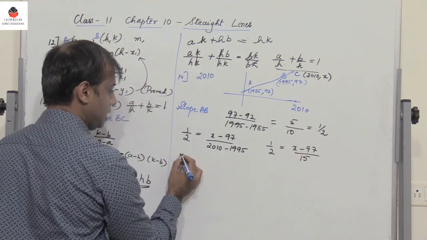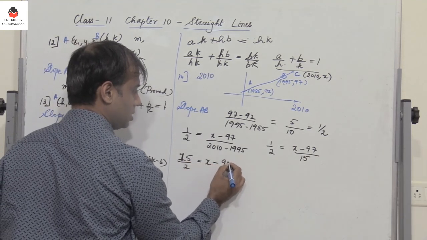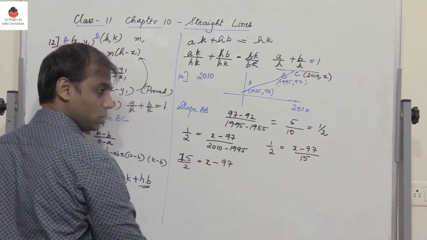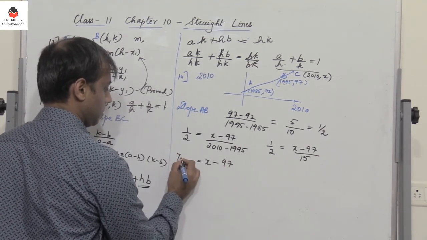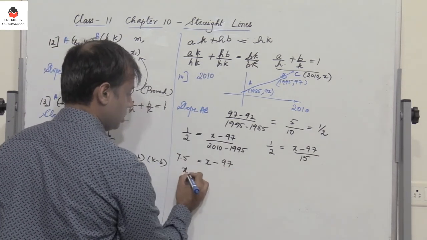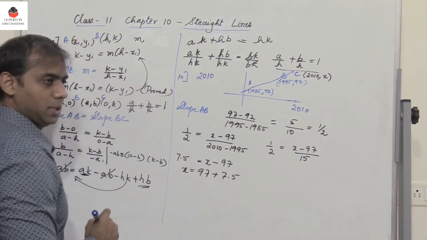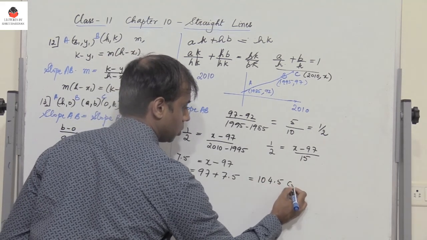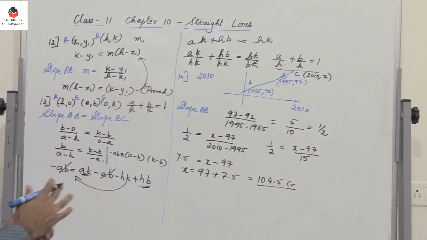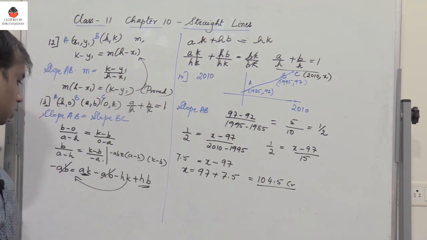It's going to be 15 by 2 equals x minus 97. So 15 by 2 is nothing but 7.5. So x equals 97 plus 7.5. So you get the value as 104.5 crore. So the population of the place in the year 2010 will be 104.5 crores.